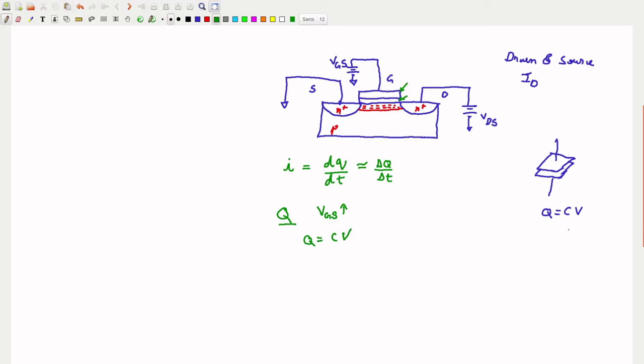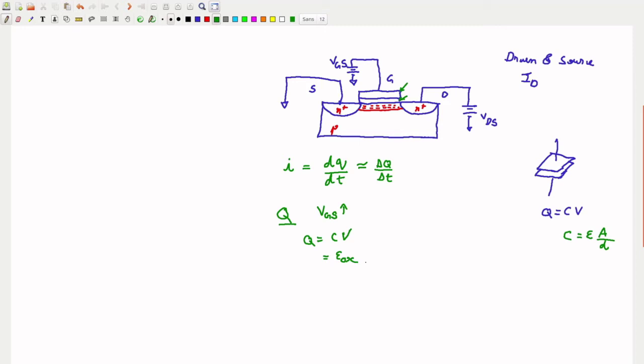By the virtue of our knowledge, capacitance C is equal to the permittivity into area by the distance between the two plates. In case of MOSFET, we have the permittivity of the dielectric, which is the oxide permittivity epsilon OX.